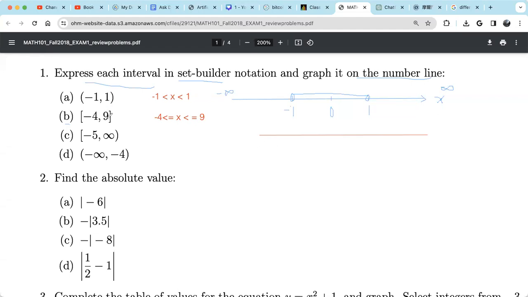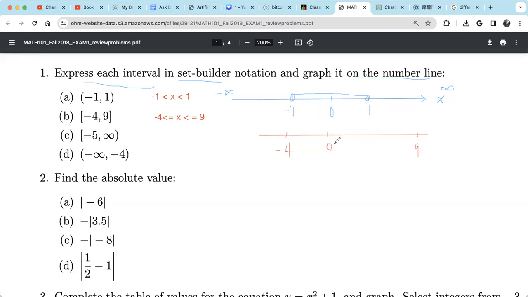Because we need the numbers 9 and -4, we draw 9 here, and 0 is somewhere here. -4 is about a little less than half of 9, so -4 might be here. I only have to draw these three numbers: -4, 9, and 0.